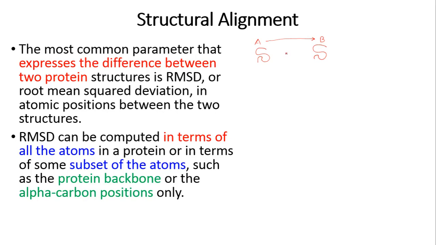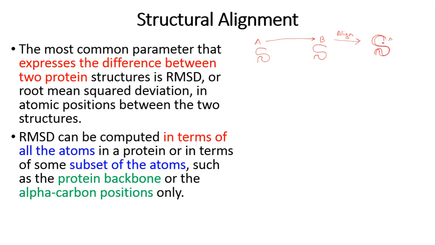Say, for example, you would first align these two proteins. This is your protein A, and then you would align your protein B as well.